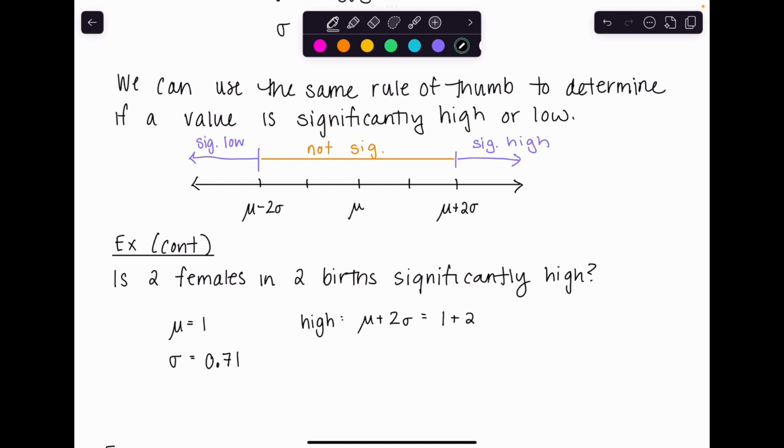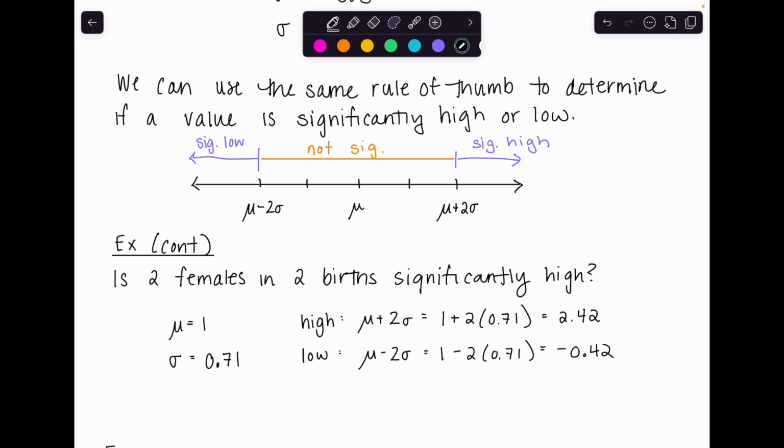My mean is 1, my standard deviation is 0.71, and I'm going to trust you can plug this into your calculator. That gives you about 2.42. And then just for good measure, if you wanted to find the significantly low data value or that cutoff, you would subtract 2 standard deviations, which gives you negative 0.42. So anything that falls within these 2 values is considered normal or not significant.